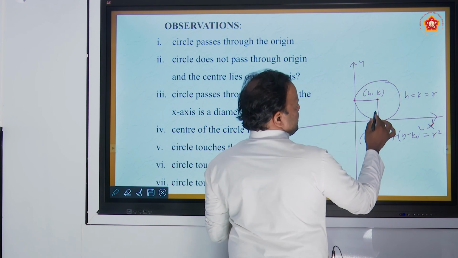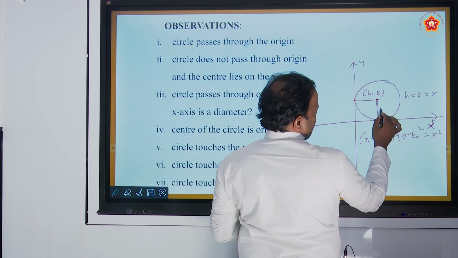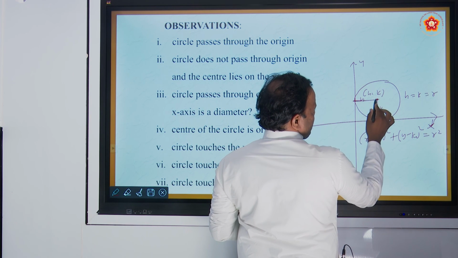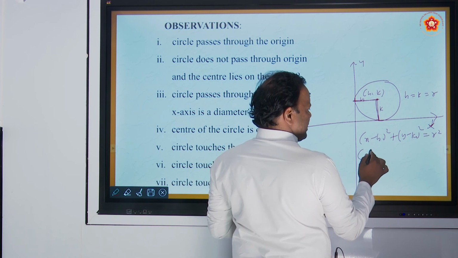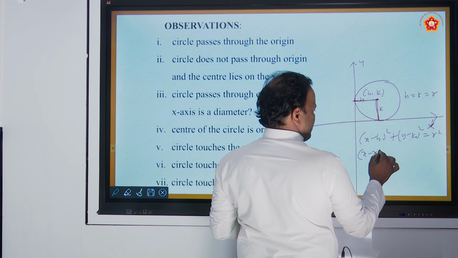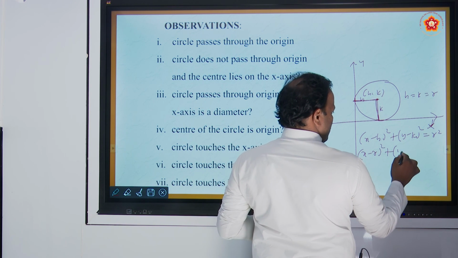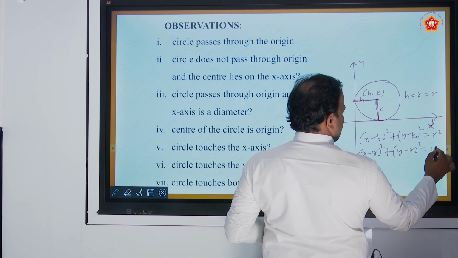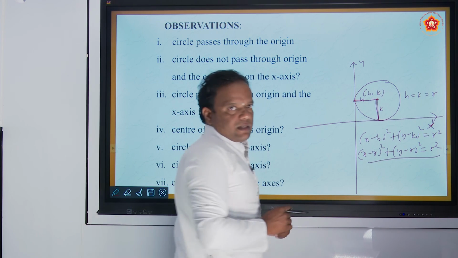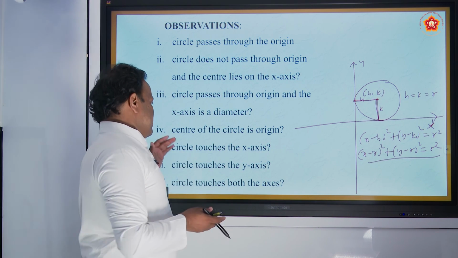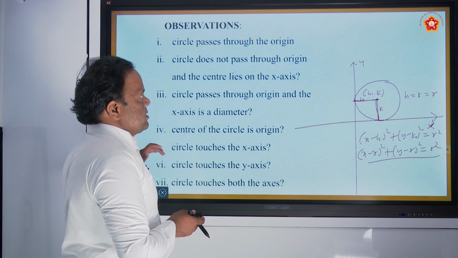Here this is k, this is h, and all three are the radius of the circle. Substituting, x minus r whole square plus y minus r whole square equals r square. Simplify this and we get the equation of the circle. This is the condition for a circle touching both axes.